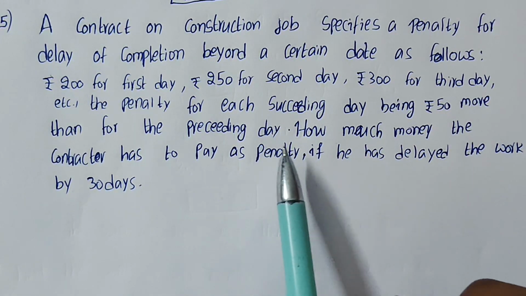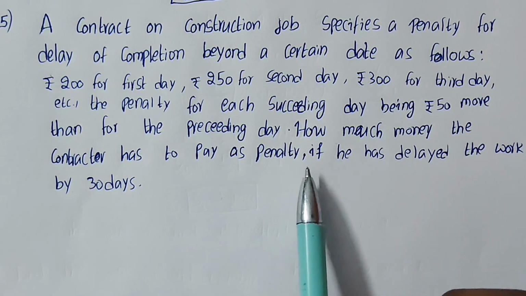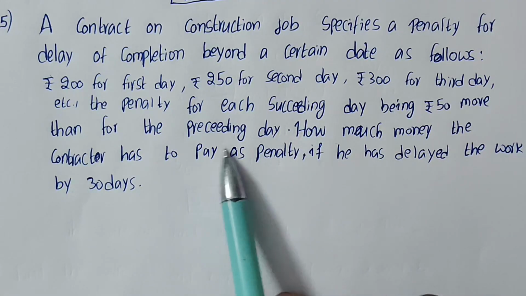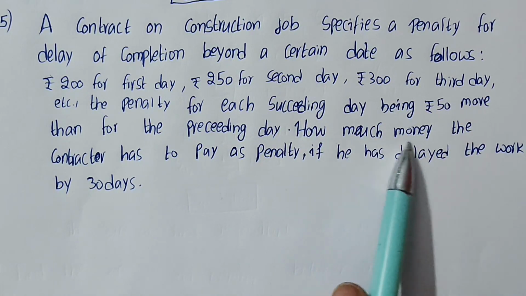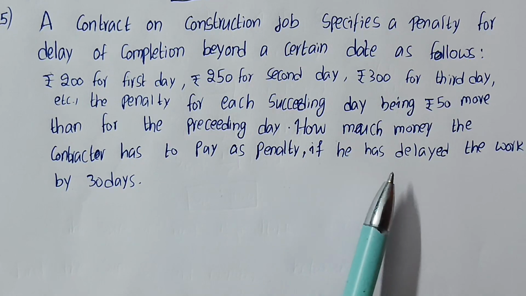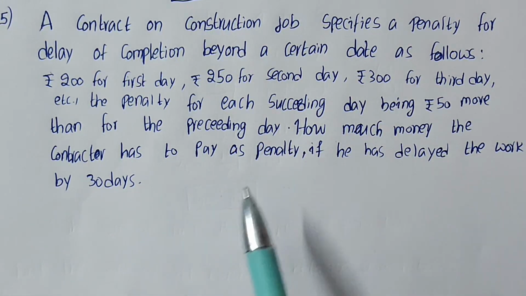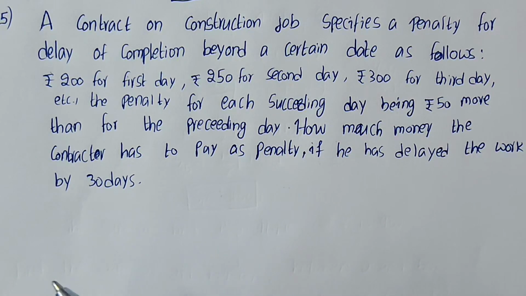They are increasing 50 rupees per day, which means we have to take 50 rupees as the D. And then he asked how much money the contractor has to pay as penalty if he delays the work by 30 days. How much money does he have to pay to his workers as penalty? So let us see. Let us solve it.